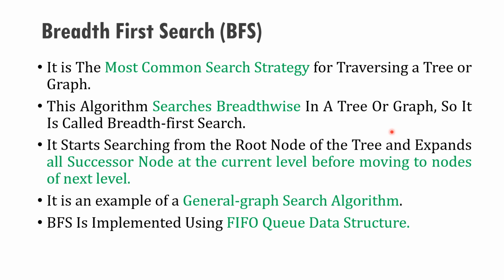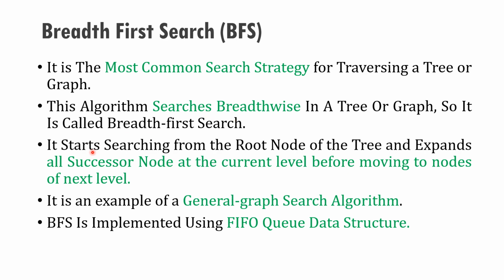Now let us see the first method available in uninformed search, breadth first search. It is the most common search strategy for traversing a tree or graph, and it is suitable for both. This algorithm searches breadth-wise, which is why it is called breadth first search.